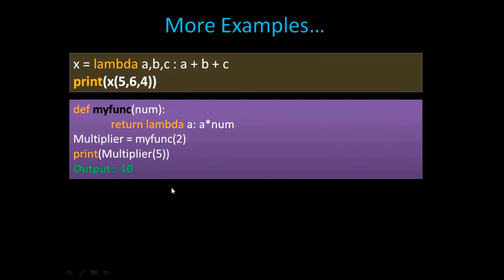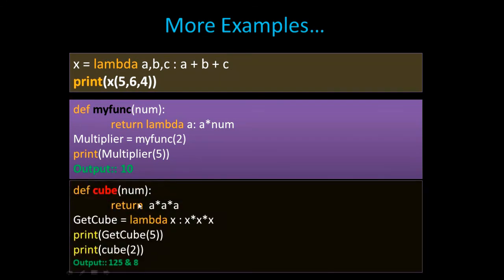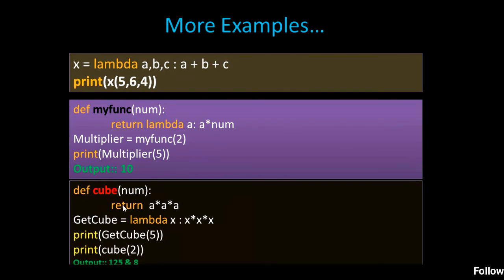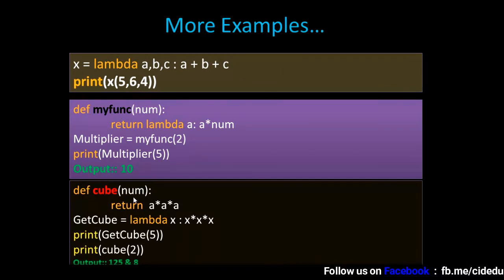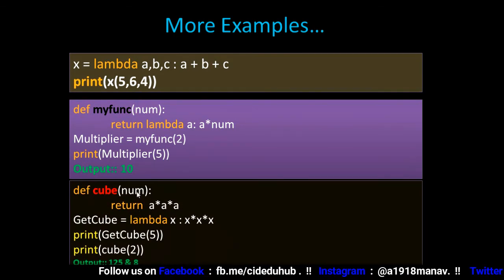Let me show you another example. Let us suppose we have a method cube and it gets an argument num. Sorry, we have a typo here. I am using num, where it must be a, so that it returns a into a into a. You can change it to a.